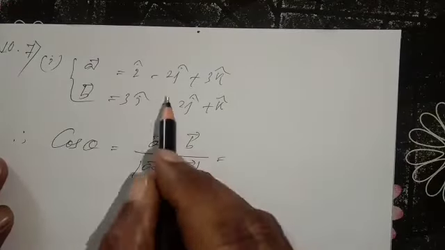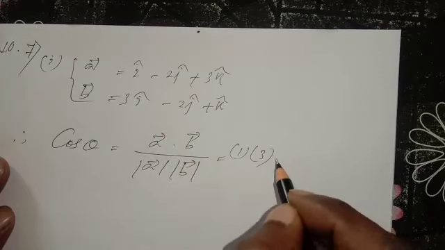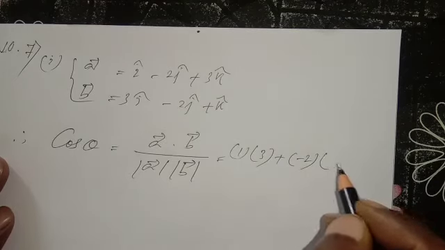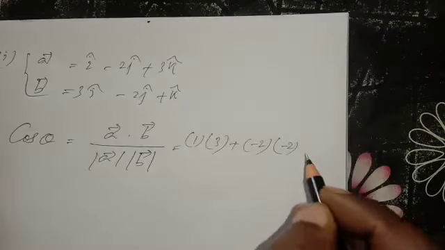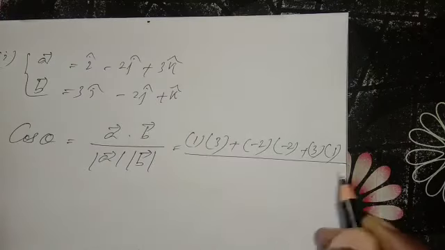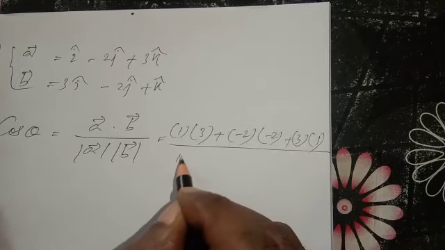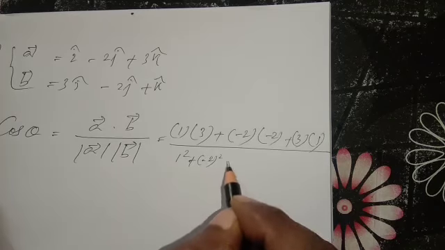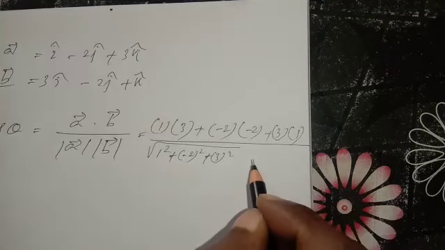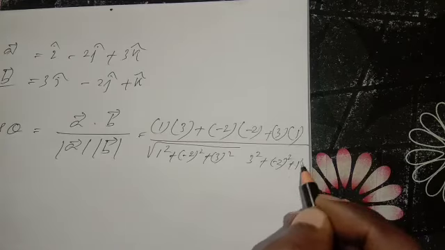From the picture, the i coefficient in A is 1 and in B is 3; the j coefficient is minus 2 in both; the k coefficient is 3 in A and 1 in B. Then the denominator: the magnitude of A is the root of 1 squared plus minus 2 squared plus 3 squared, and the magnitude of B is the root of 3 squared plus minus 2 squared plus 1 squared.